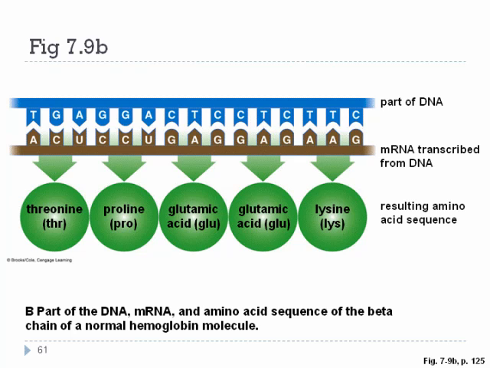So figure 7.9b shows you part of this hemoglobin protein. Here's the DNA, here's the mRNA, and here's the resulting amino acid sequence. So this is the normal protein.